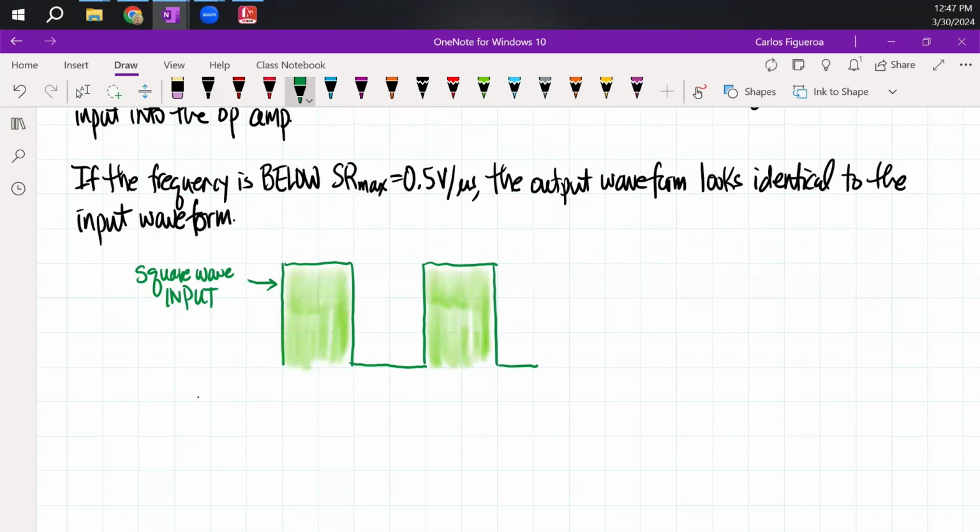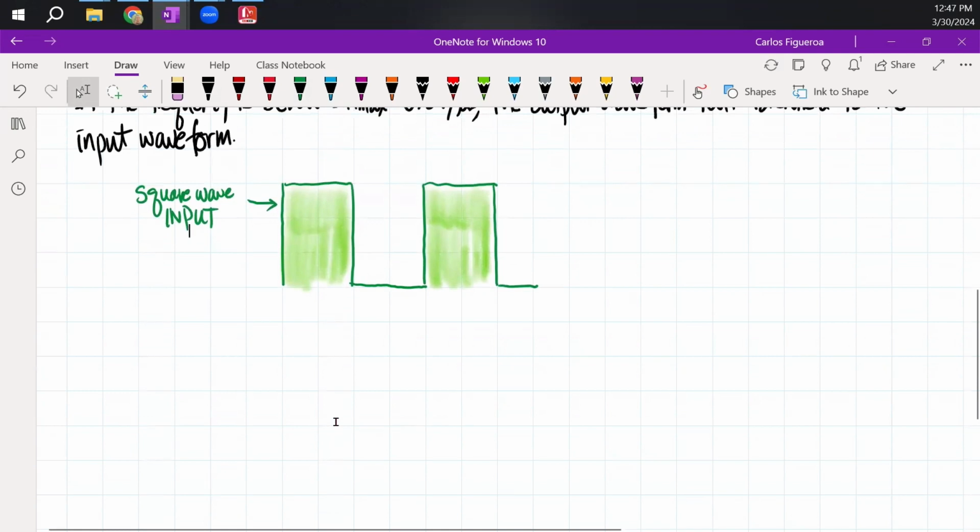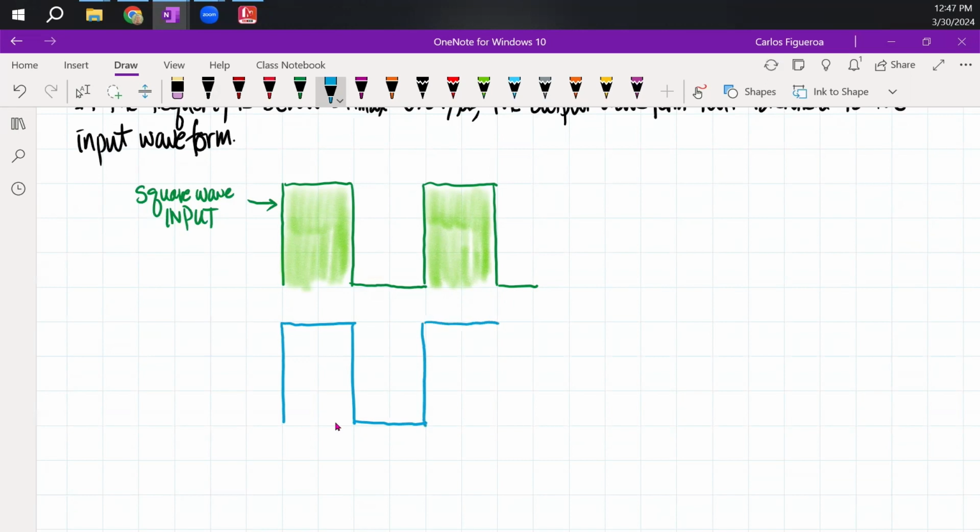On another channel, we're going to look at the output. If it's below the threshold, then when I look at this, it looks exactly the same. These look identical, but they are two different waves.